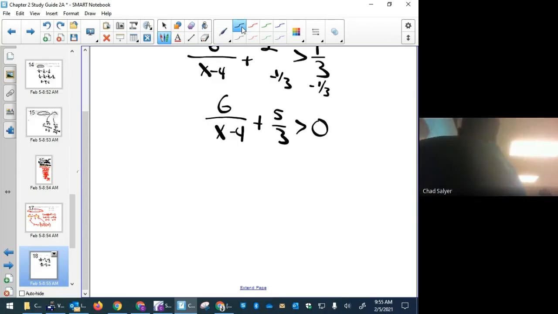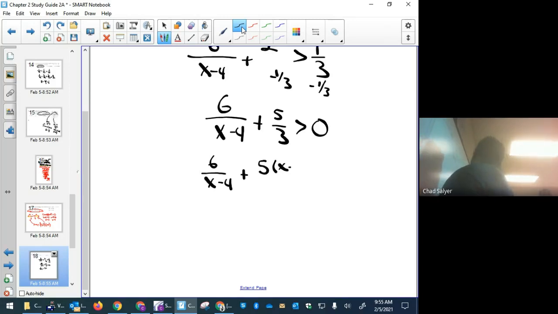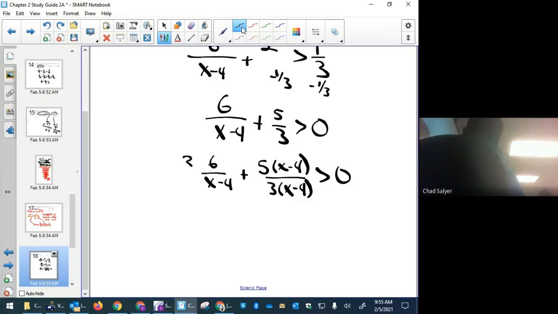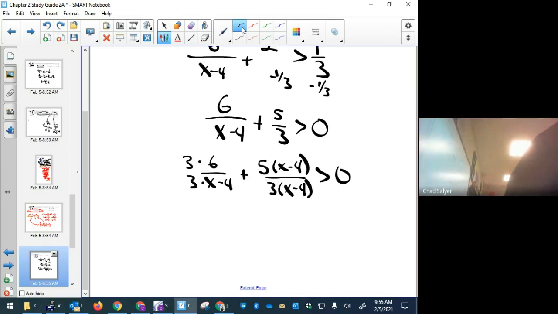Now I need to get the denominators to be the same here. So I'm going to do that by multiplying x times x minus 4, both top and bottom over here, and then multiplying top and bottom by 3 over here so that we have a common denominator.